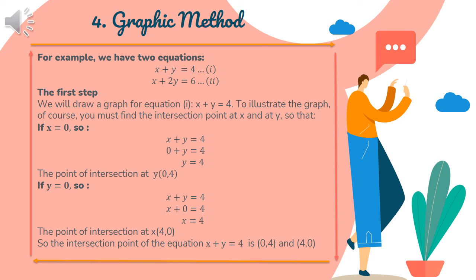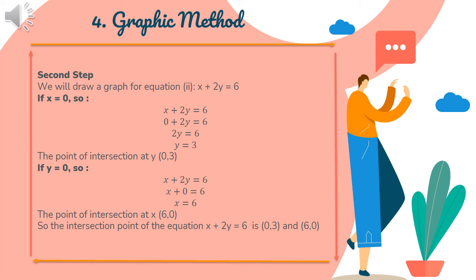If y equals 0, so x plus y equals 4, x plus 0 equals 4, x equals 4. The point of intersection at x is (4, 0). So, the intersection points of the equation x plus y equals 4 are (0, 4) and (4, 0).